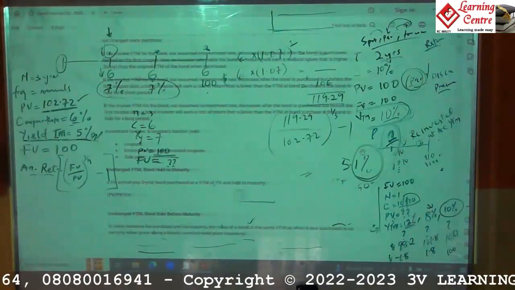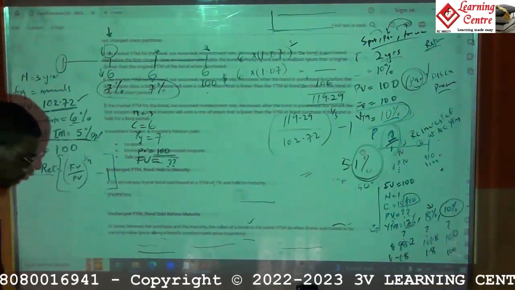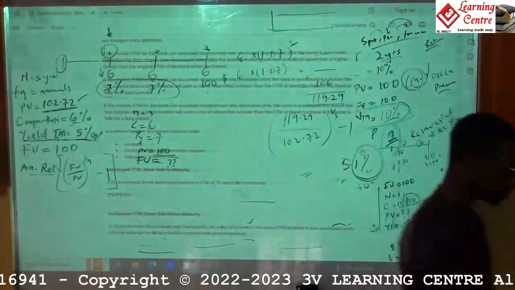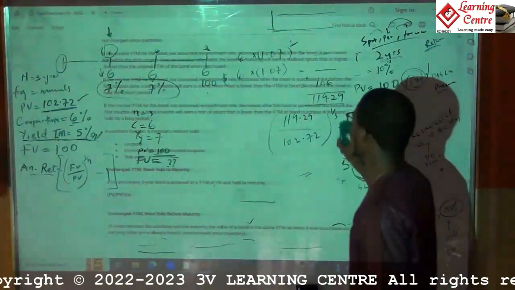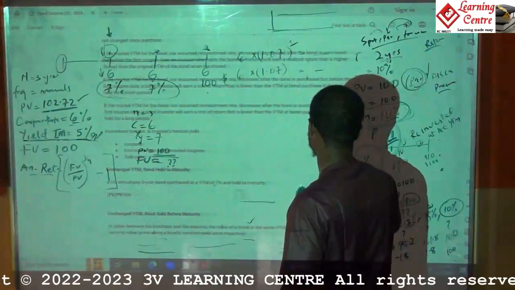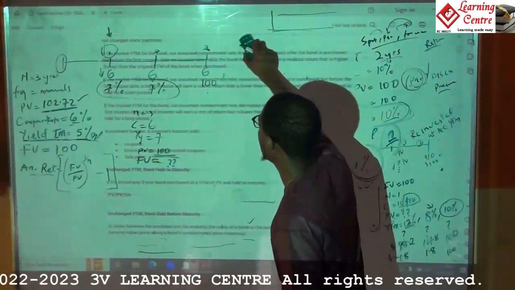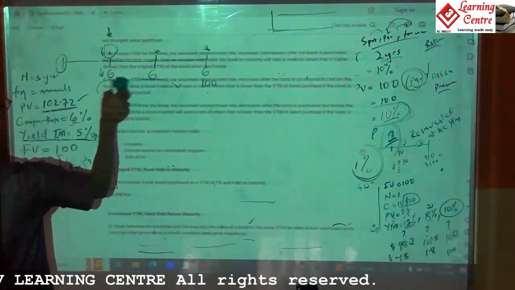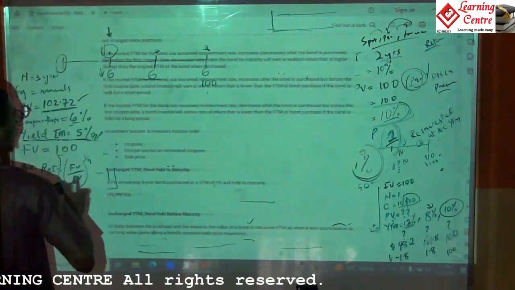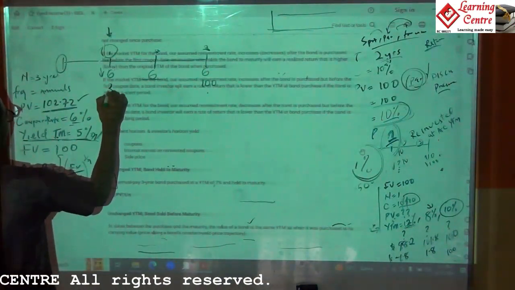So let's do the same thing. But now we assume that it has come down. So we want to do this one faster now. Assume that your investment rate is at 3%.